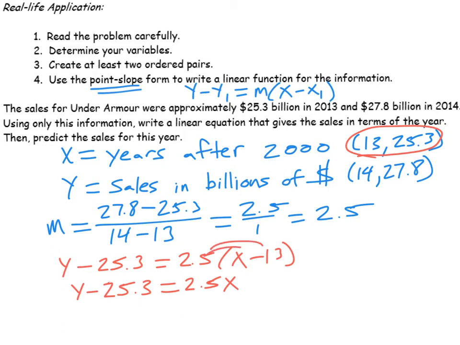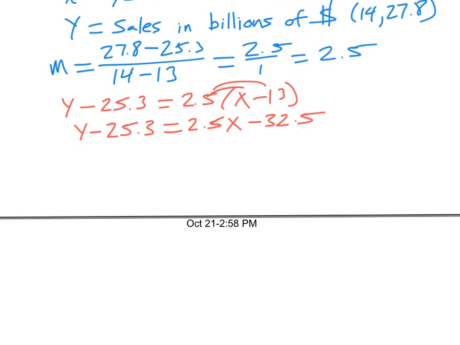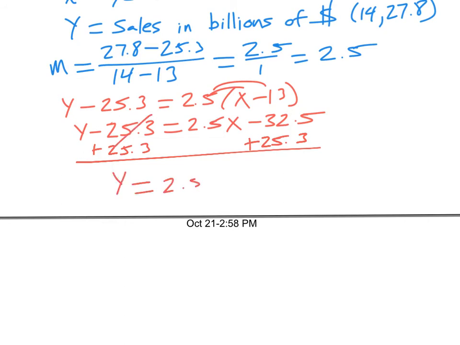Got to distribute this 2.5. 13 times 2.5 is going to come out to be negative 32.5. And then I'm going to add. y is by itself, so we're getting close. y = 2.5x minus 7.2.